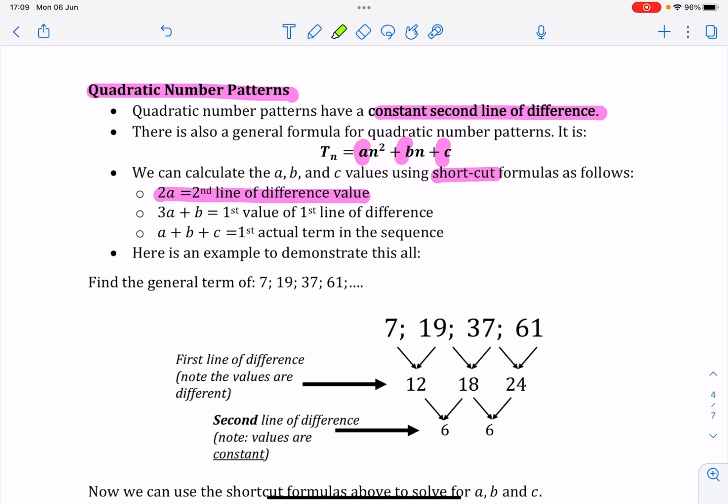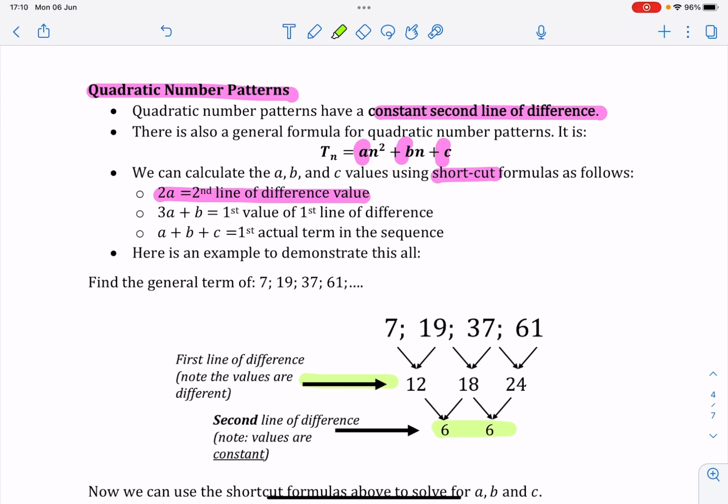But then you can minus the difference between that first line of difference. And you get 6. 18 minus 12 is 6, and 24 minus 18 is 6. So that's a second line of difference, and it's constant. We get 6 both times. This is how we know it's a quadratic pattern, because it has the second line of difference, which is the same value.